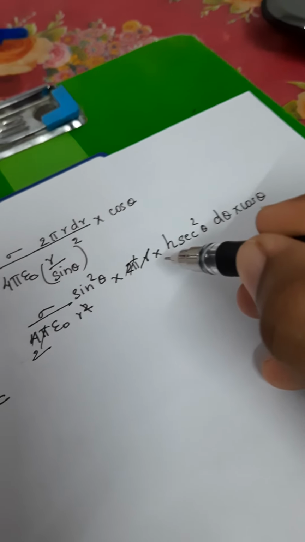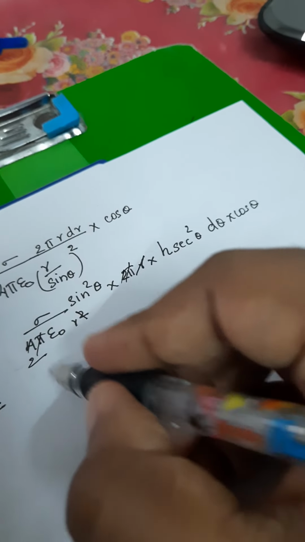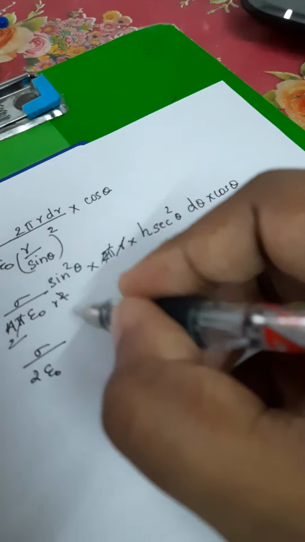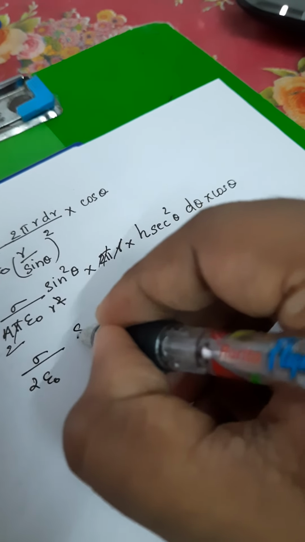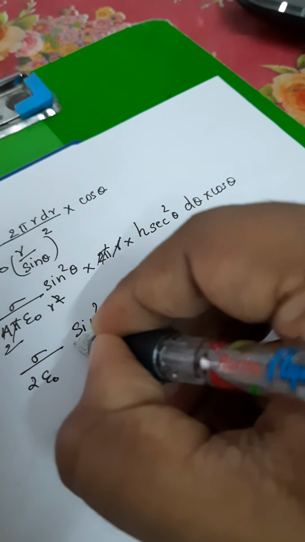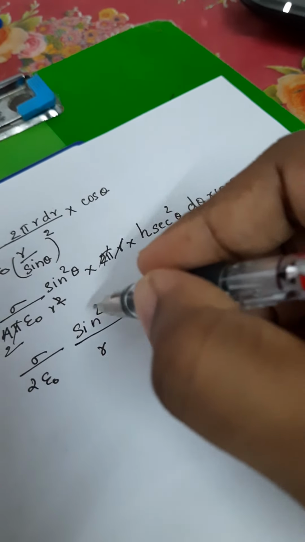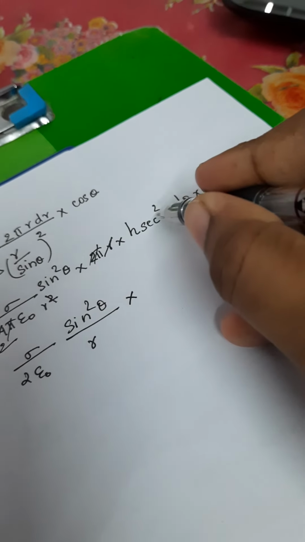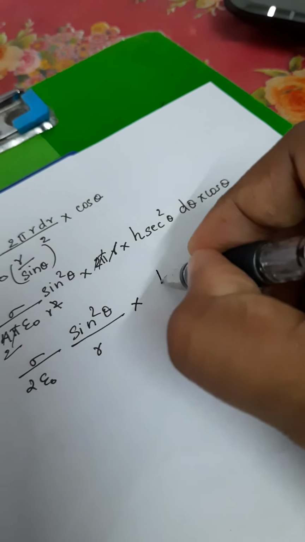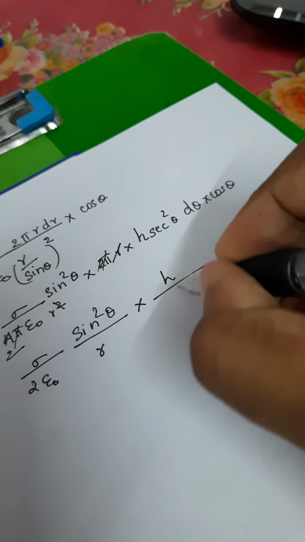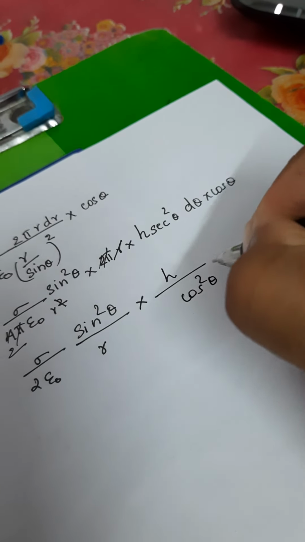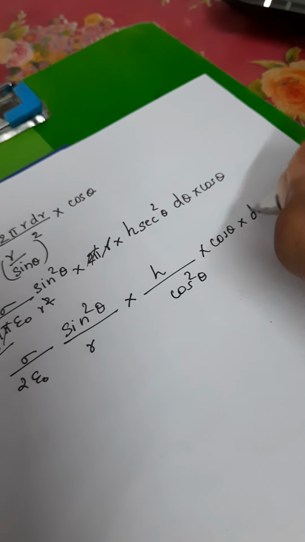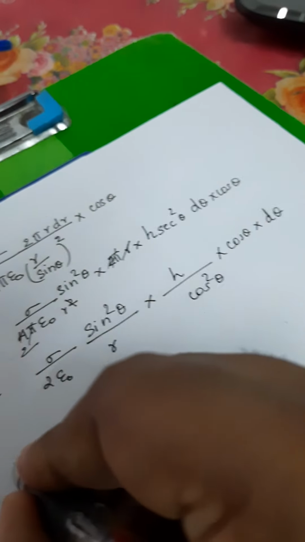Similarly we can write sigma by 2 epsilon 0 into sin square theta, divided by r, then into sec square theta, which is 1 by cos square theta, then cos theta into d theta.